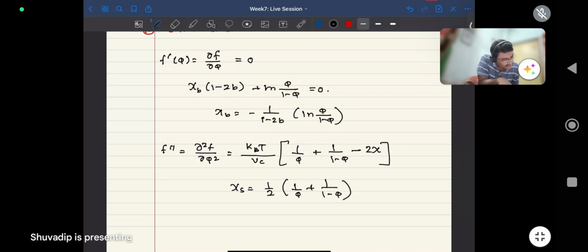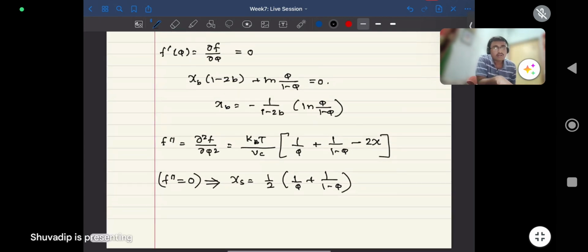This is exactly symmetric about phi equal to half. If we equate f double prime equal to 0, this will give chi as this. And if f triple prime equals 0, equating these, we will get phi c, which is half.